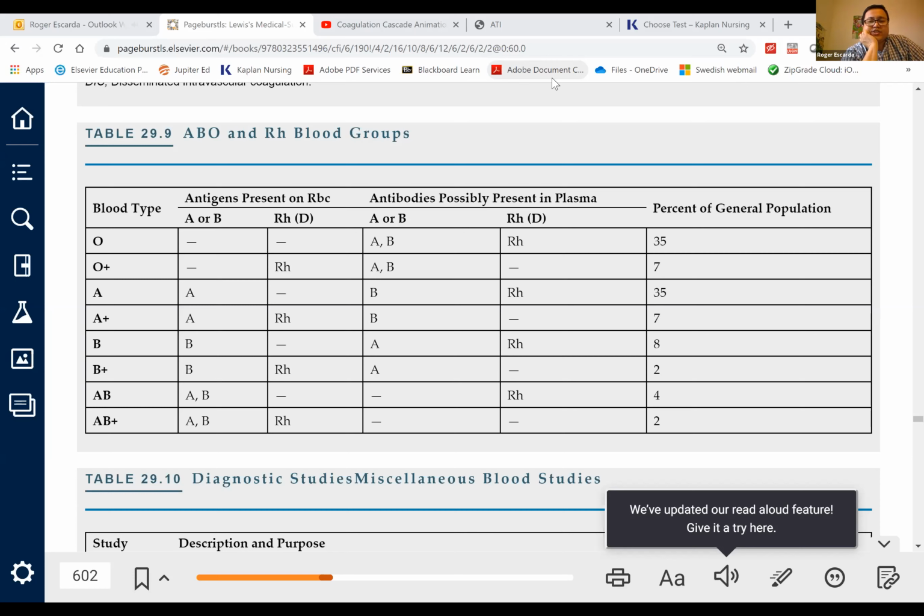If the test question did not specify whether or not the patient receives the RH positive blood the first time, again, the only problem you'll encounter is if the patient is RH negative. They're really the ones that you worry about.